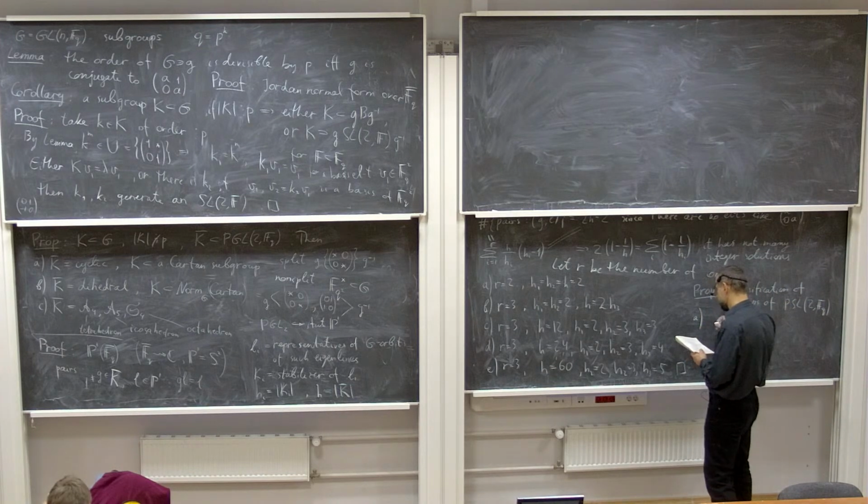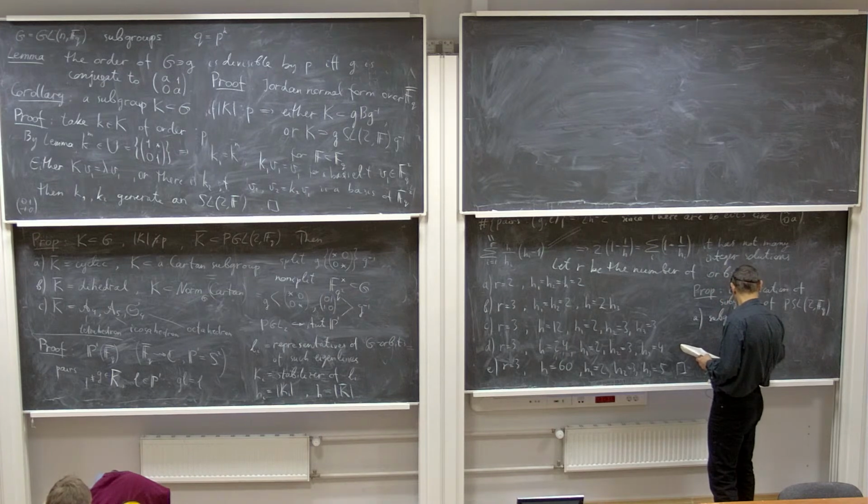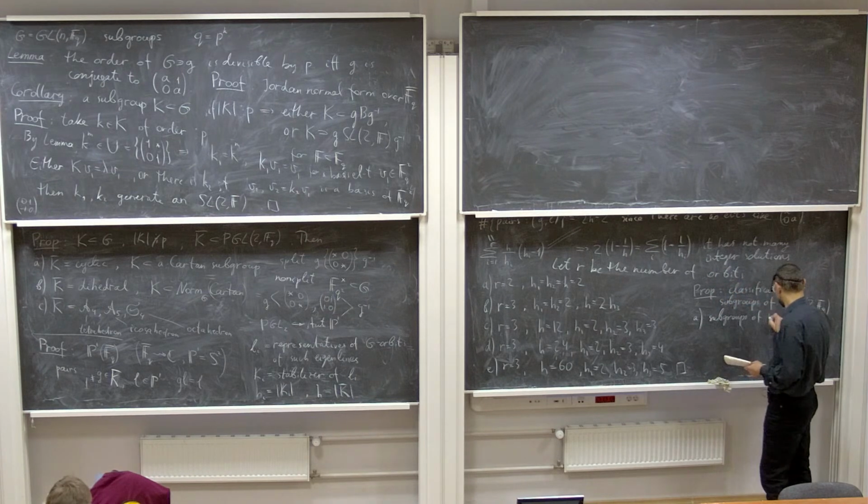So either subgroups of Borel, or maybe we'll call it B prime. So they're either cyclic or solvable.